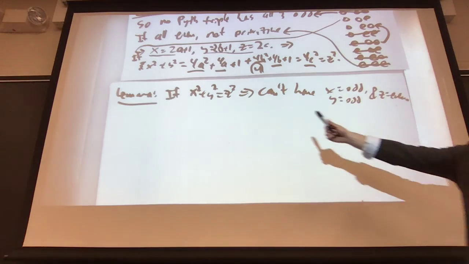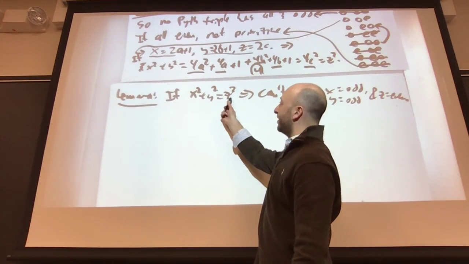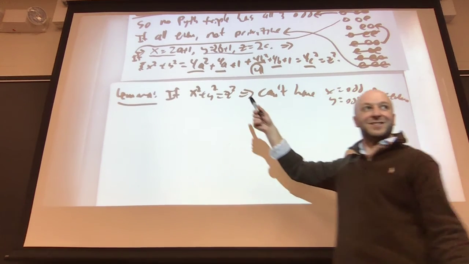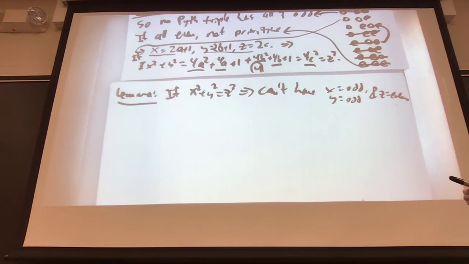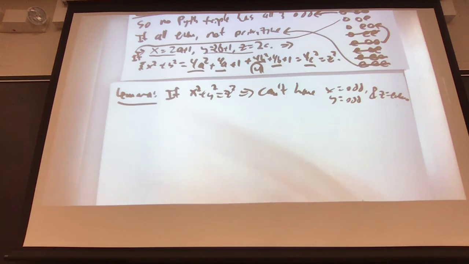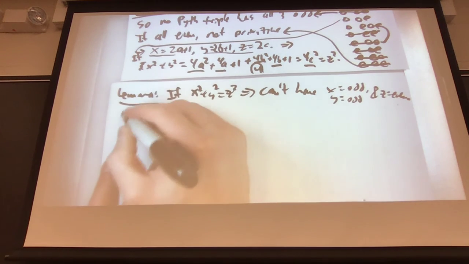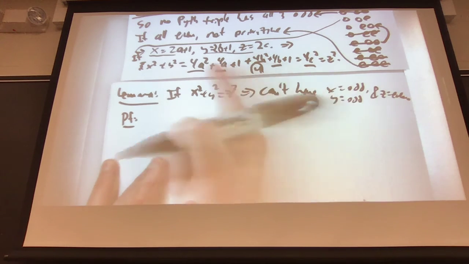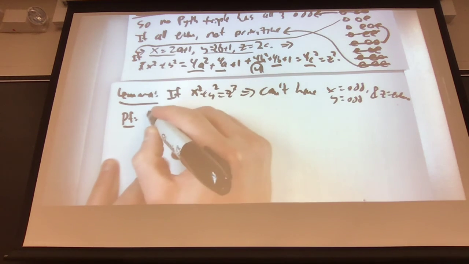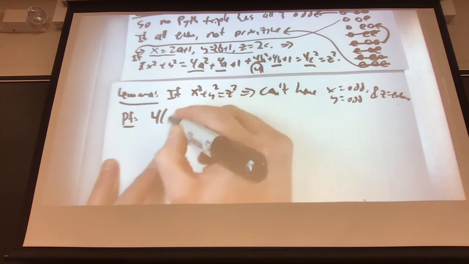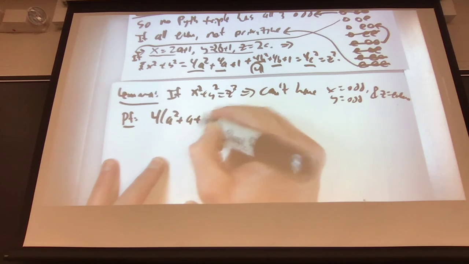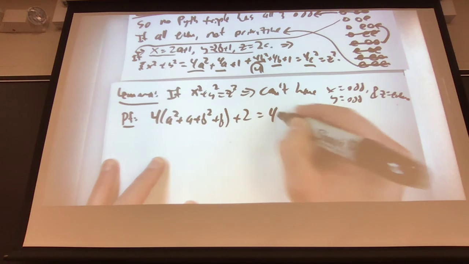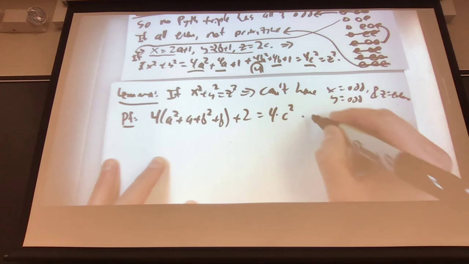Not because of parity, because an odd plus an odd does make an even number. So we don't just look mod 2, we have to look mod 4. And the proof is exactly what we said there. Again, it's exactly what's written here. So I'll just rewrite: 4 times a squared plus a plus b squared plus b plus 2 would be equal to 4 times c squared, and this is impossible.